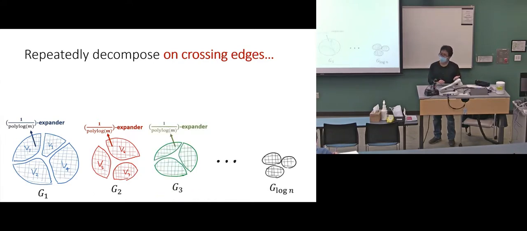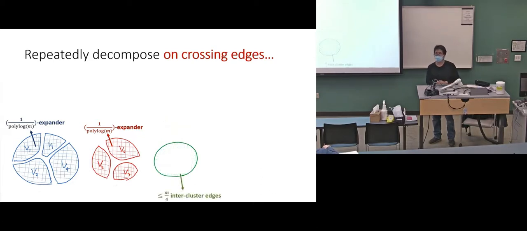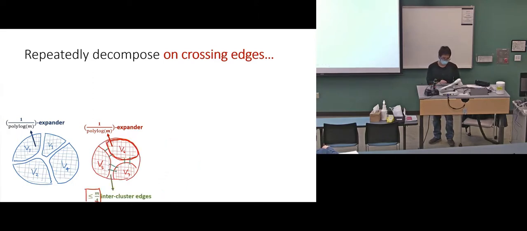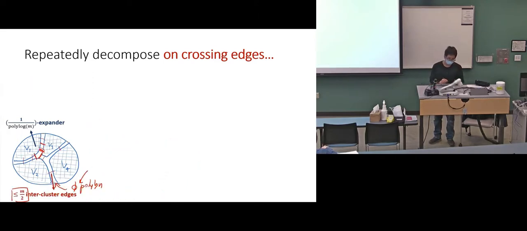Can you explain how you got G2 again? G2 is a graph induced by intercluster edges. So look at this graph. These edges, call it E prime.